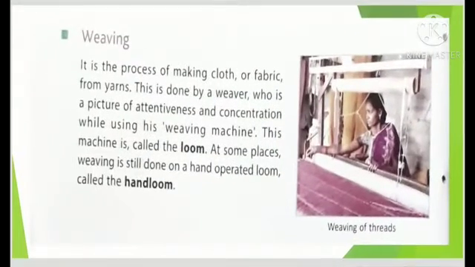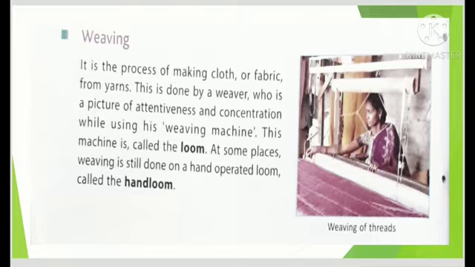Now we are going to read the text given in the book. This is a process of making cloth or fabric from yarns. This is done by a weaver, who is a picture of attentiveness and concentration. What is the meaning? Means a weaver always needs attentiveness and concentration while operating the loom.